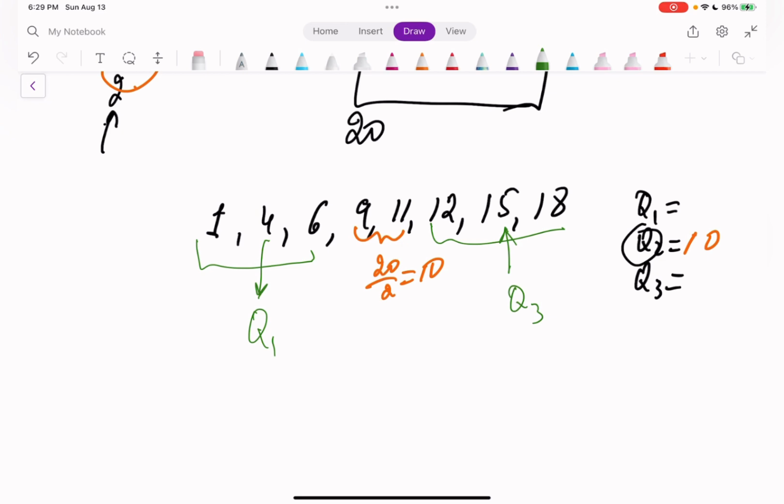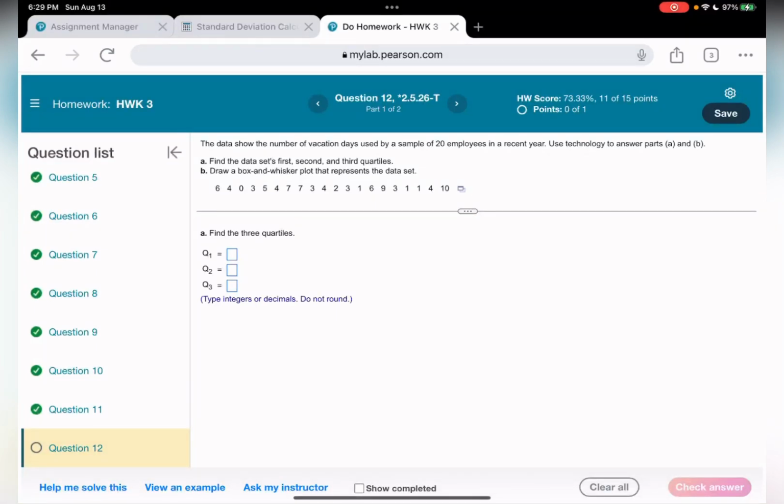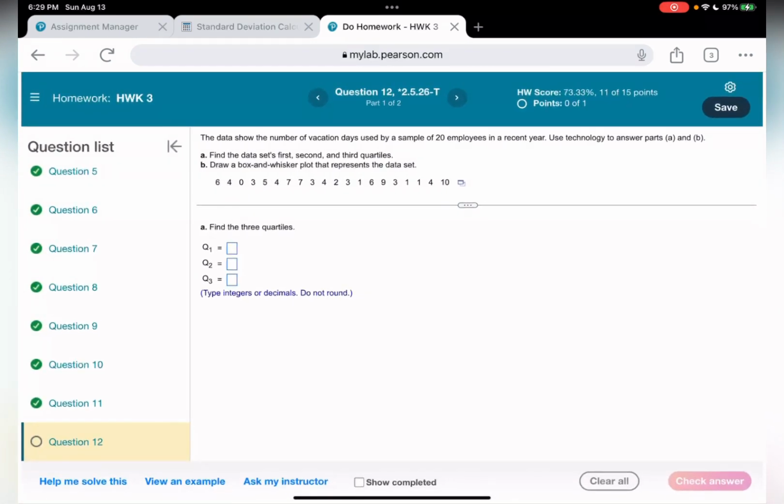So Q1 is going to be 4, and Q3 is going to be 15. Okay, so that's how you fill it out. At this point, I'm going to open the answer for this one, so once you add, you can check if you got it right or wrong.